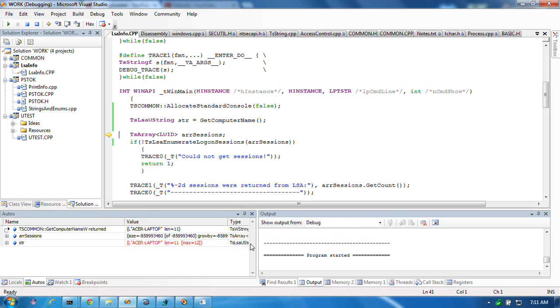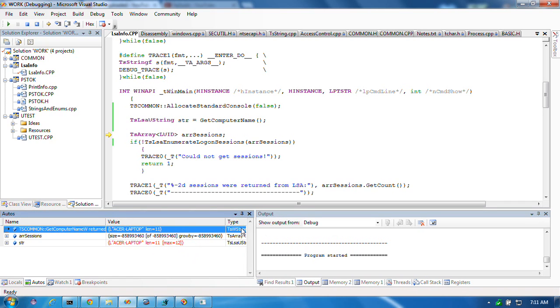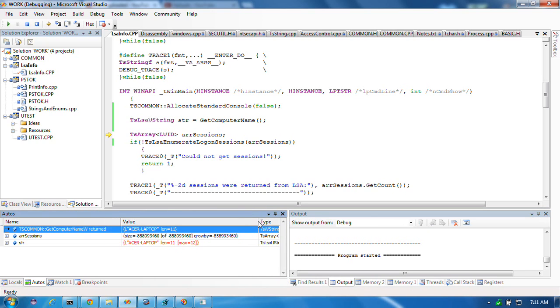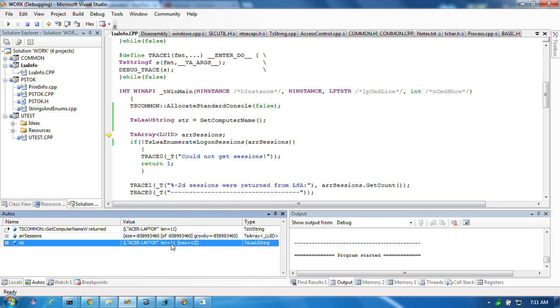So it goes to show you that that little display thing has another utility in that it can help you find a bug. In this case, it helped me find this bug.